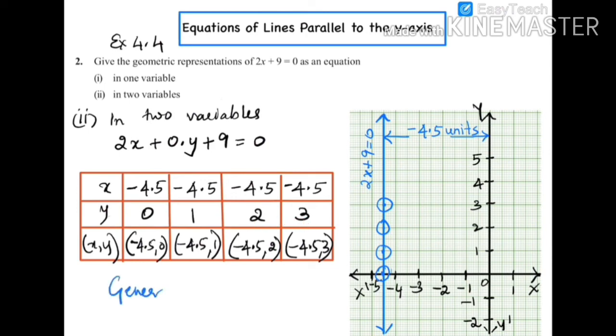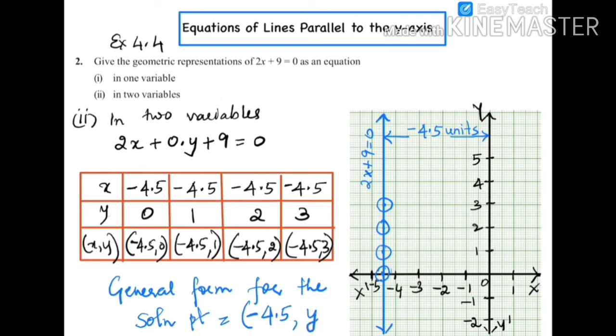So a general form for the solution point will be of the type (-4.5, y). So all points in this format will lie on this line.